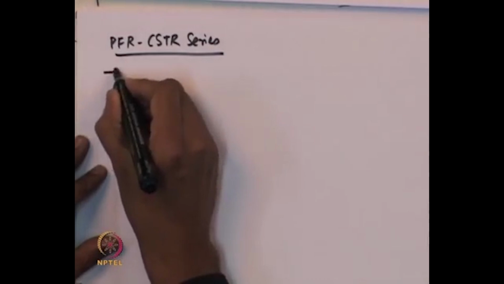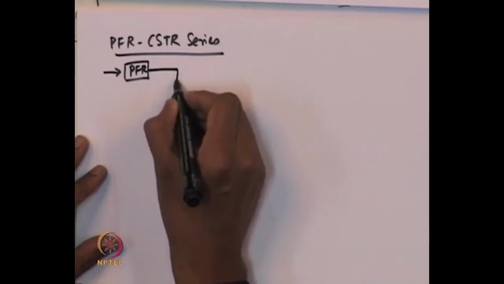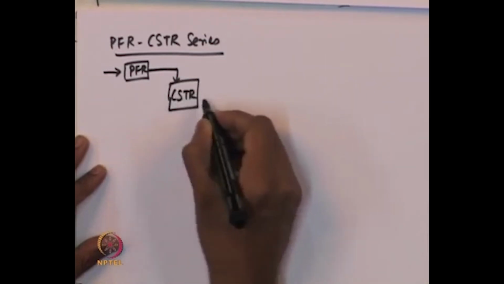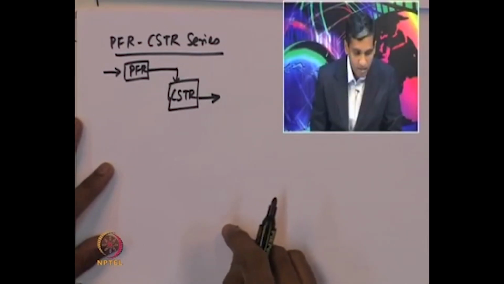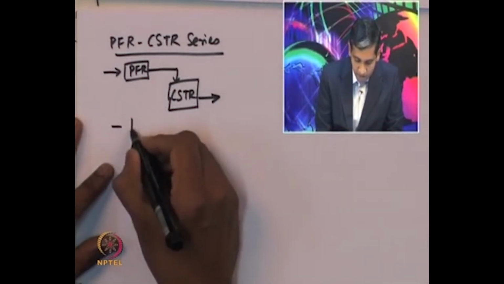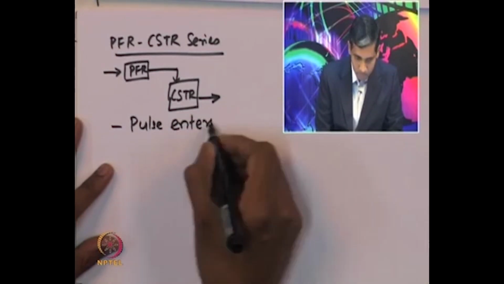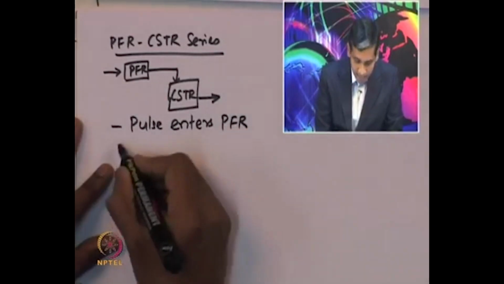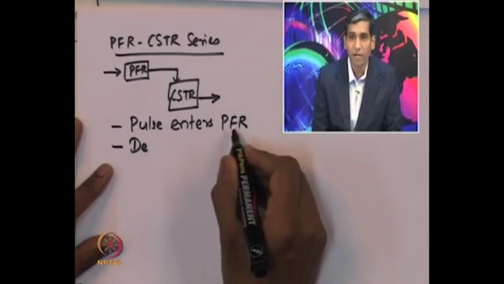So, the depiction is, you have a PFR, and then there is a CSTR, and the final outlet stream actually comes from the CSTR. So, the pulse first enters the plug flow reactor.